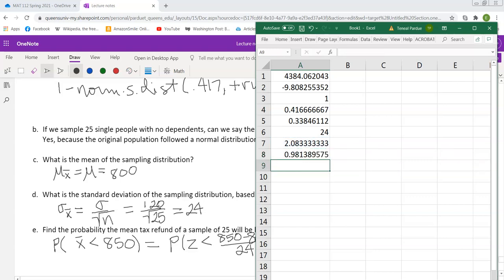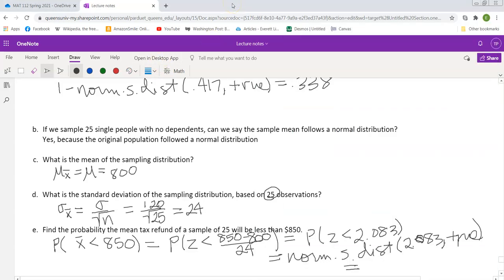And we get 0.9184. So it looks like most of our samples of 25 will have a mean less than $850.